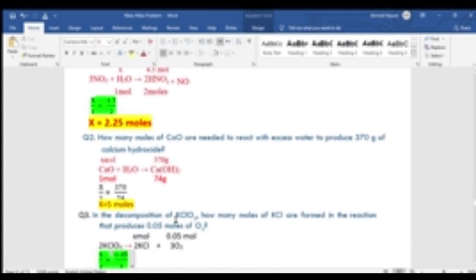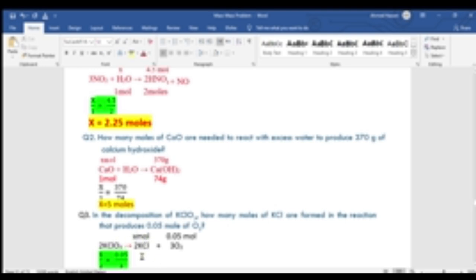Okay, in the decomposition of potassium chlorate, how many moles of potassium chloride are formed in the reaction that produces 0.05 moles of oxygen? Therefore, the number of moles of oxygen given is 0.05, and what is required is the number of moles of potassium chloride, which is formed after the decomposition of potassium chlorate.